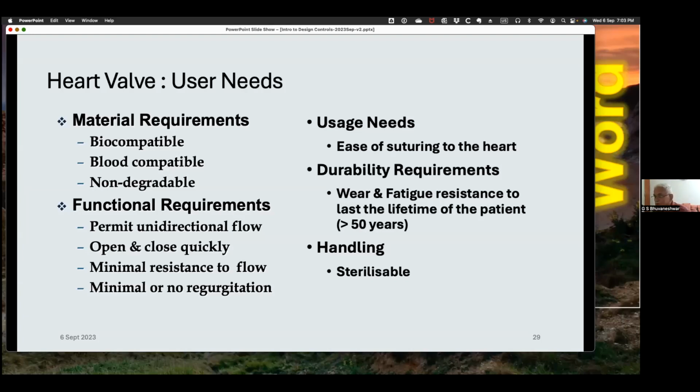On the surgical side, it must be easy to suture into the heart. So these are part of the user needs. Of course, from a durability standpoint, it has to withstand heavy wear and fatigue resistance to last the lifetime of the patient, maybe at least 30, 40 years. And it has to be supplied sterile at the time of implantation.